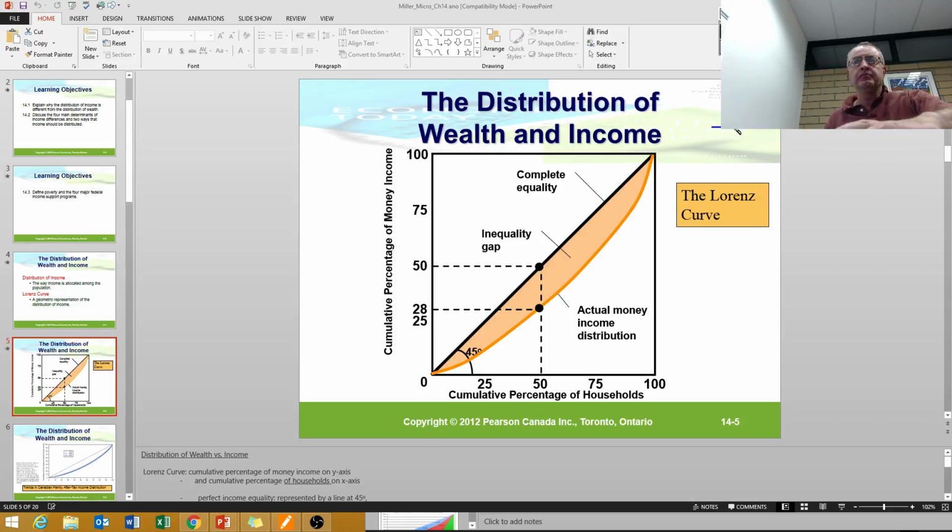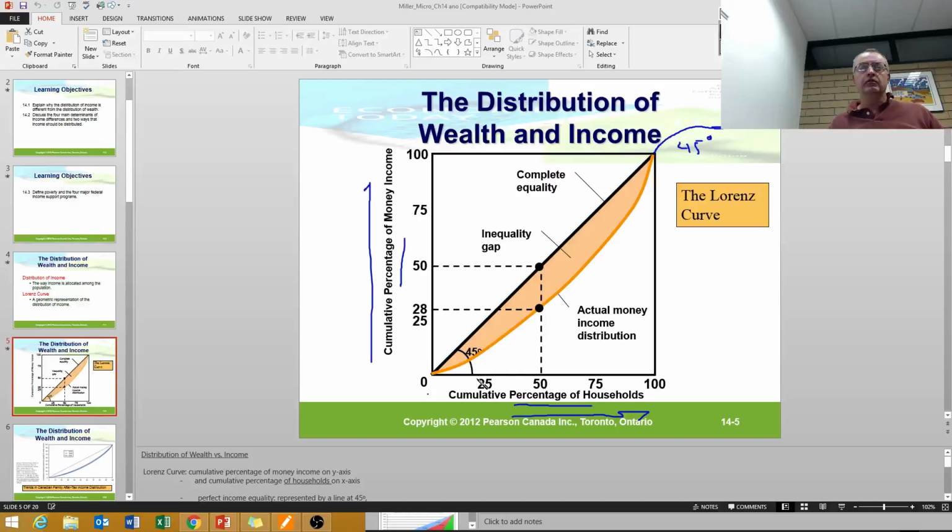So on the x-axis, we have the cumulative percentage of households, and on the y-axis, we have the cumulative percentage of income in a particular year, starting at the lowest and going to the highest. And so if income were perfectly distributed, or equally distributed in society, then the income distribution would be described by this 45-degree line.